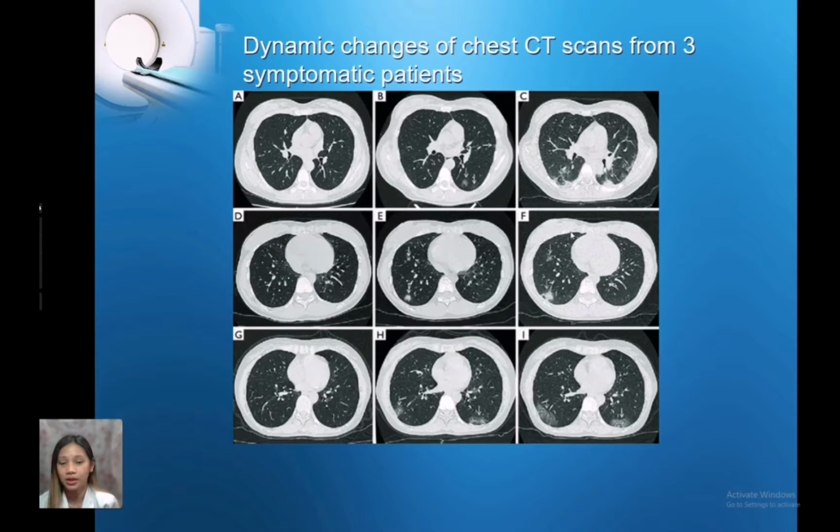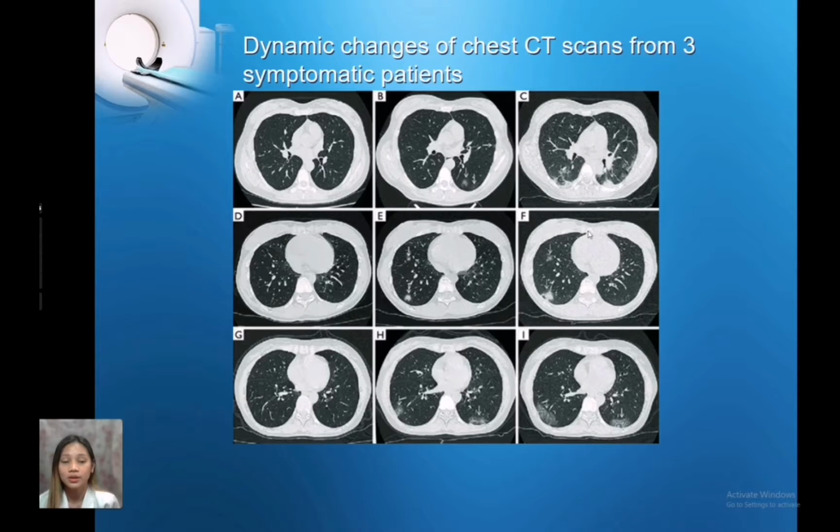So for case 2, starting from D until F, for our second patient, again in D, it looks normal. We don't see any signs or patterns showing that the patient has a disease. But the moment they followed up with a CT scan 3 days later, in the chest, the arrows show multiple ground glass opacities.